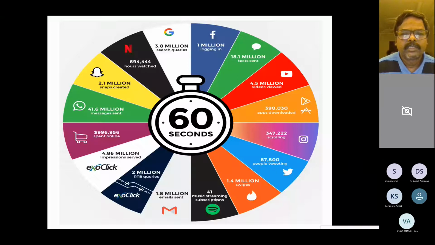This slide explains Netflix, how many users are connected and how many hours they are watching. 3.8 billion search queries in Google, 1 million logins on Facebook, 18.2 million texts sent, 4 million videos viewed on YouTube, 1.8 million emails sent, and 41.6 million messages sent on WhatsApp.